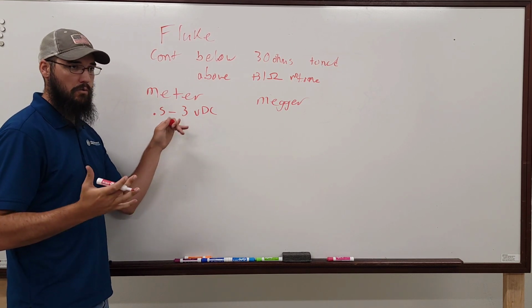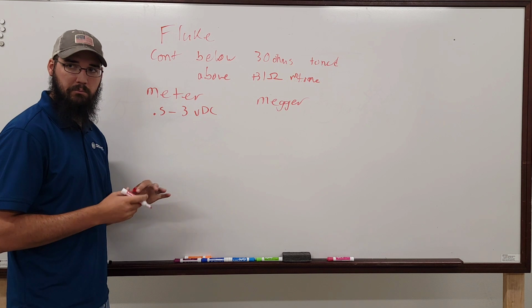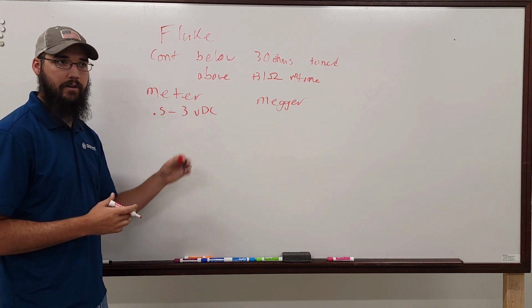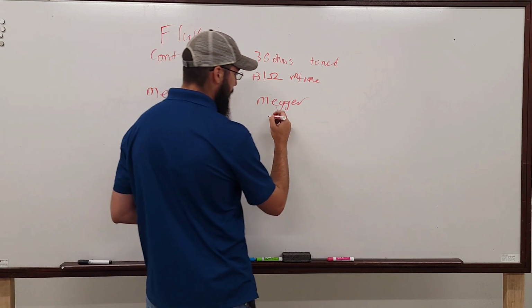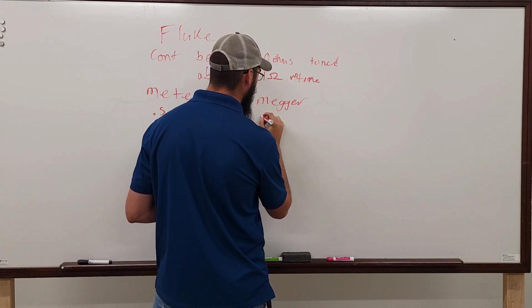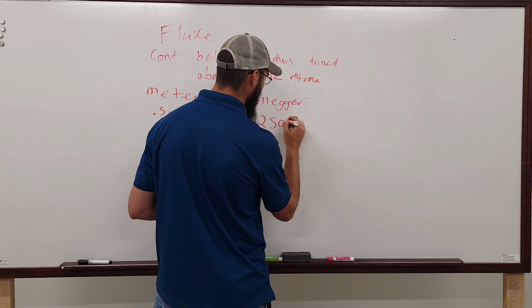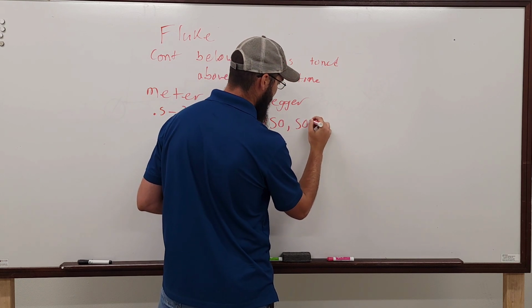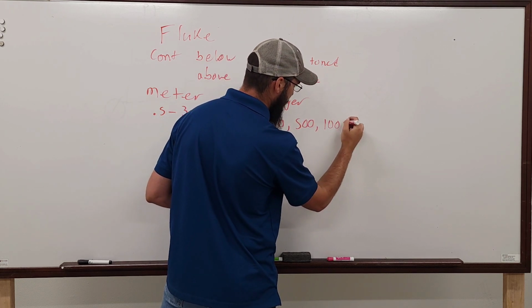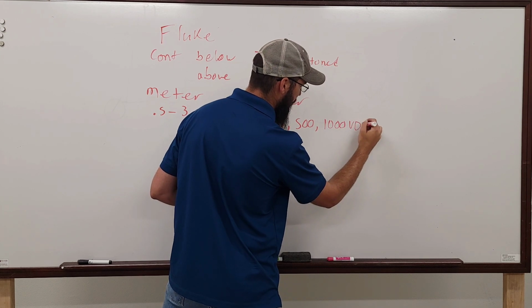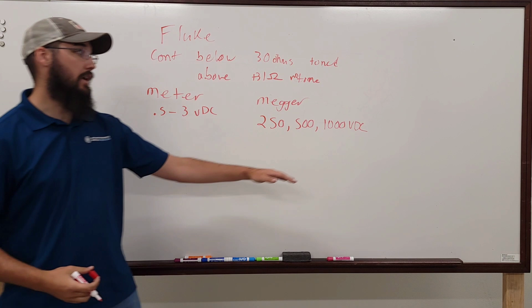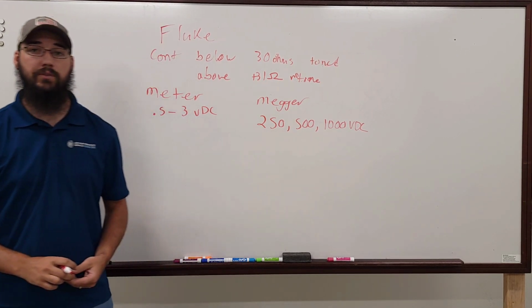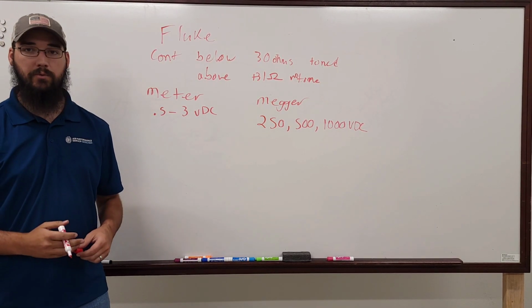Not that some may not go more than 3, but the majority of them, even Fluke, will cap out around 3 volts. A megger, on the other hand, usually will be anywhere from about 250 or 500 or 1,000 volts DC. So the vast majority of the time, I'm testing at 1,000 volts on commercial 3-phase equipment.